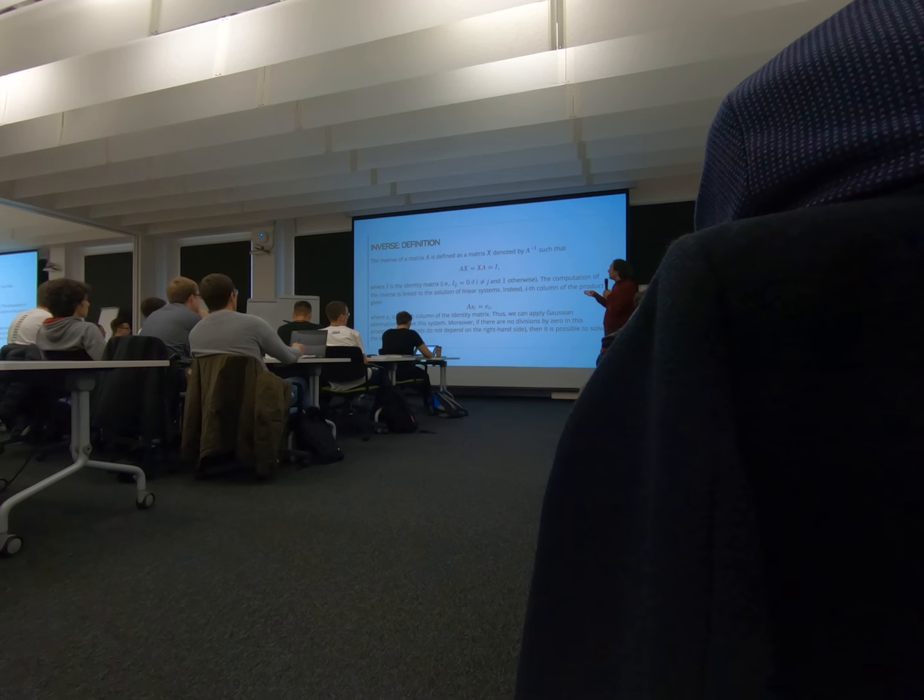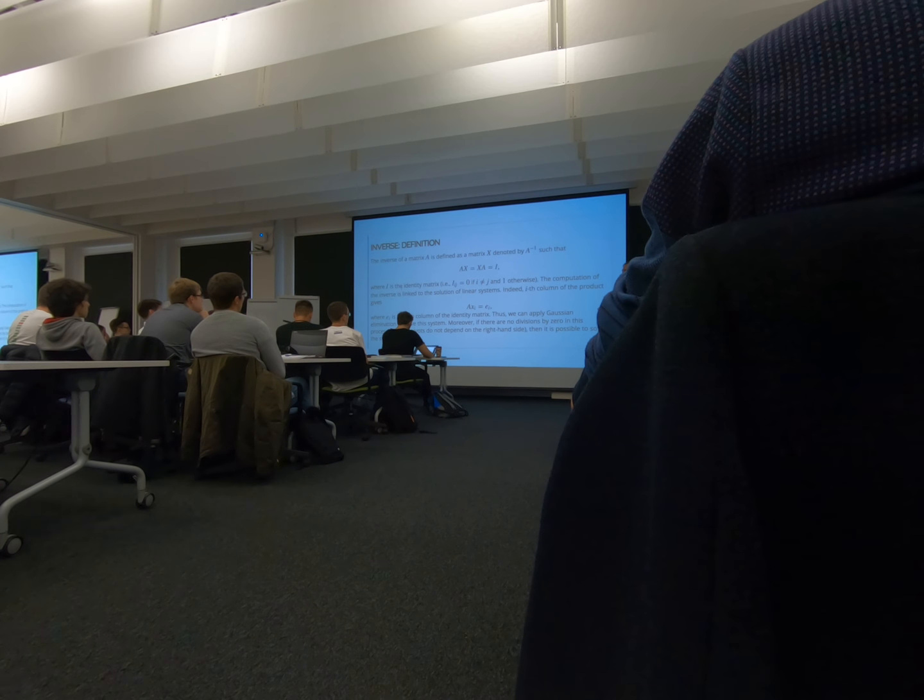It's linked to the solution of linear systems because if you look at this equation in block matrix form, where A is a matrix and you have columns of X, then you have a sequence of linear systems. You have the ith column of the identity matrix on the right-hand side with different solutions. So this clearly shows that if you want to compute the inverse, you can factorize the matrix, and then using this factorization, solve linear systems for different right-hand sides.